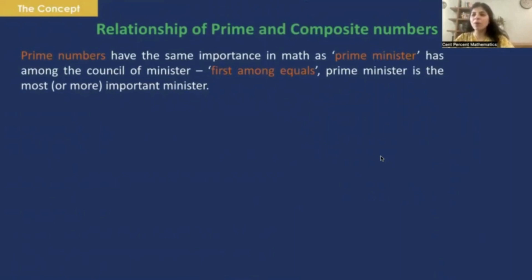That is why we name him as the Prime Minister. And for the same reason, we name prime numbers, because they are the most important of all the numbers. And you can see for yourself that 2, 3, 5, and 7 are the primes among the first 10.